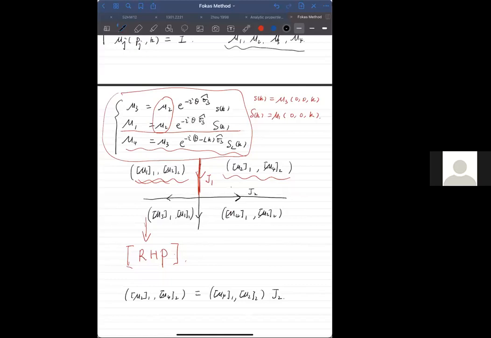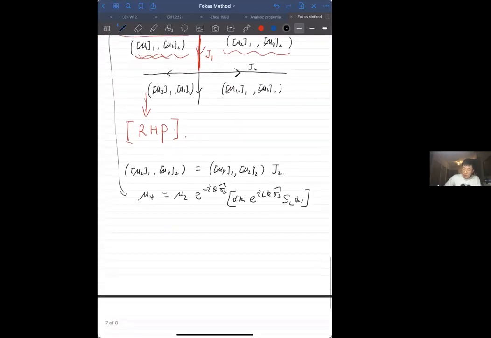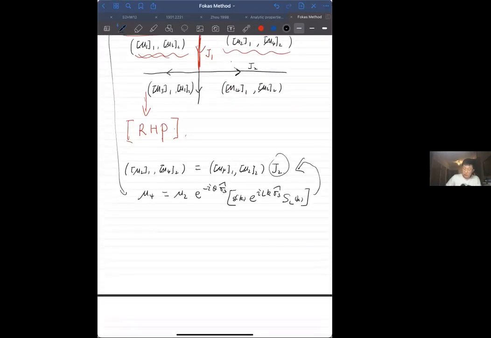So from those three equations, you can find mu4 equals mu2 e to the minus i theta sigma 3, where e to the i L k sigma 3 is S(L,k). Then you just figure out what J2 is. That's it.